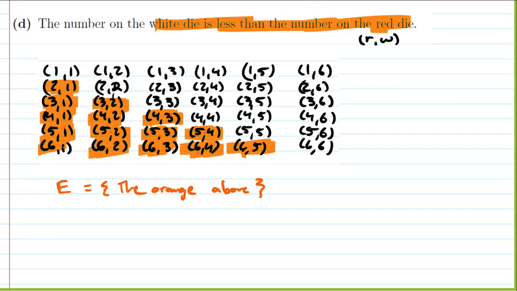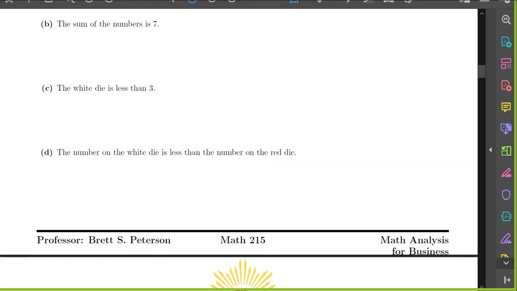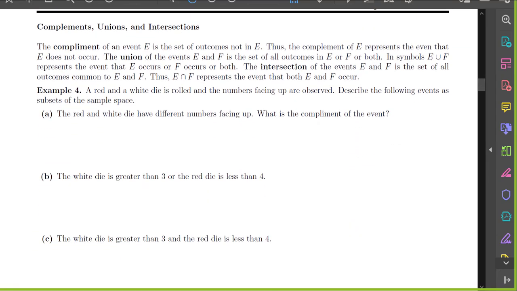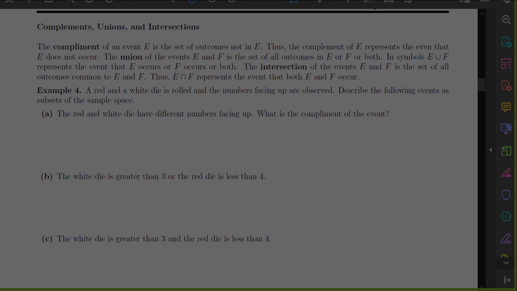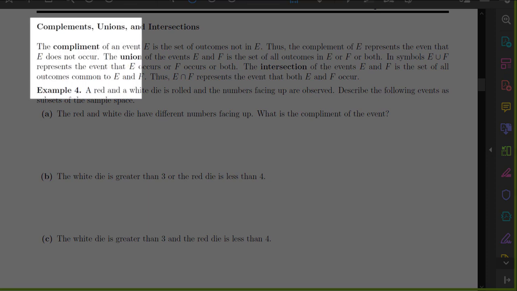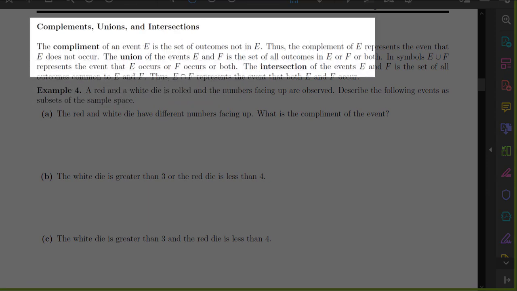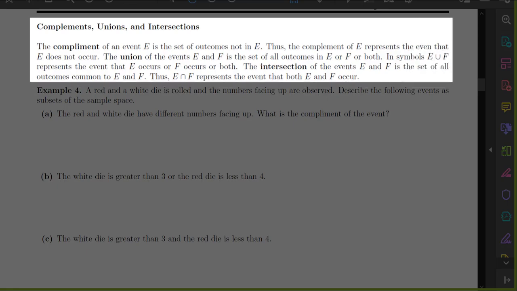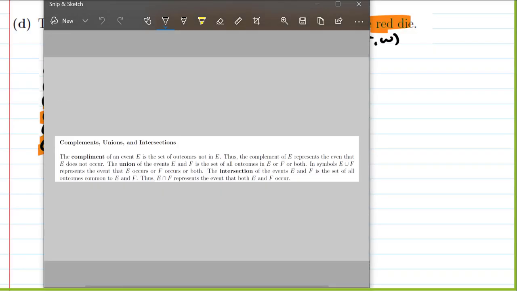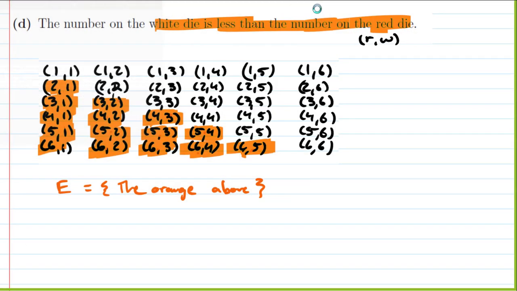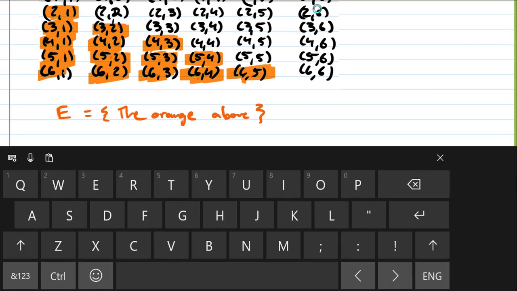All right. So now we want to talk about, well, how do complements, unions, and intersections work with what we've just been talking about?